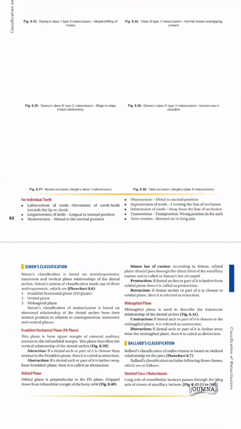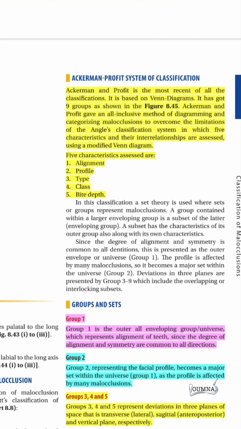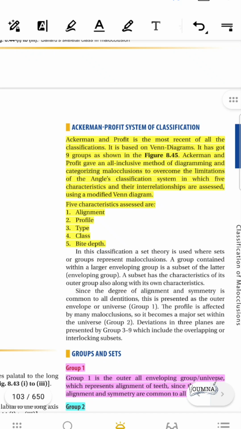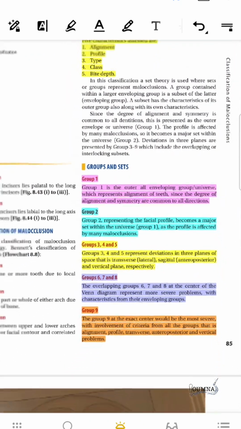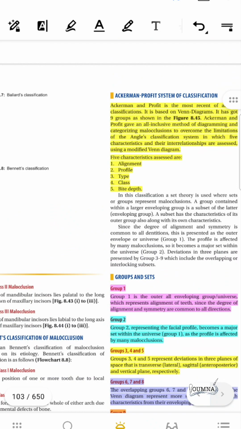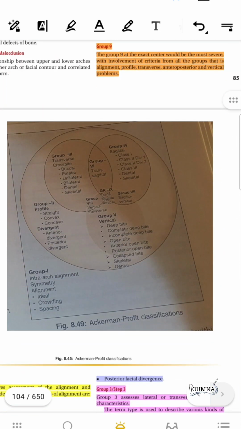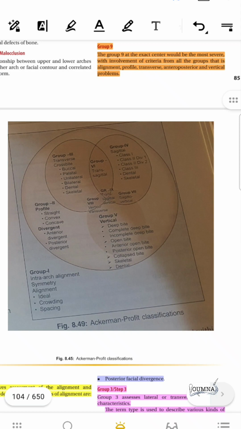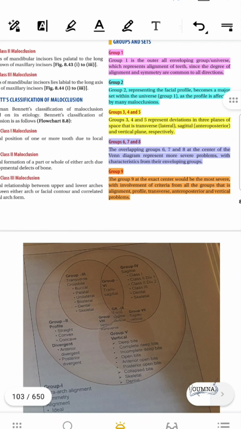Now we will conclude with a new classification called the Ackerman-Proffit system of classification, which is more inclusive. It is divided into groups and subgroups.